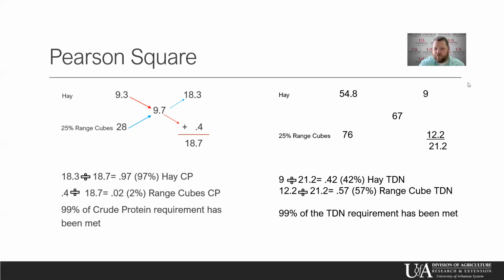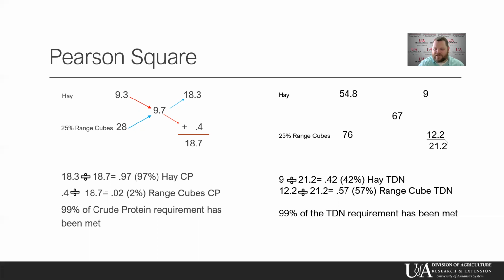A little different requirement is our TDN that we have on the right-hand side, right? So our requirement is 67%, our hay provided 54.8%, and our range cubes provide 76%. We subtract the two and do our X's, so 54.8 minus 67 gave us 12.2, 76 minus 67 gave us 9.